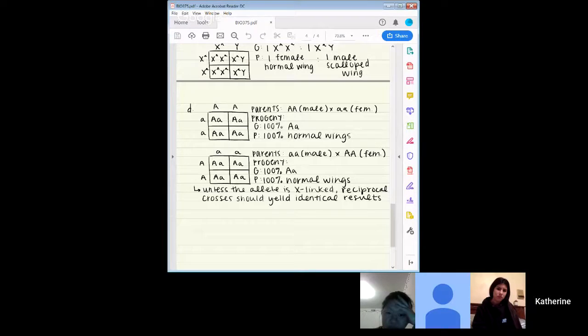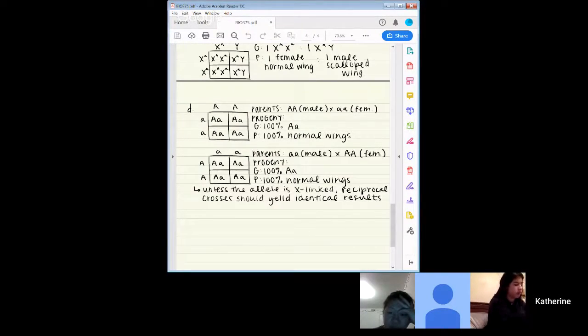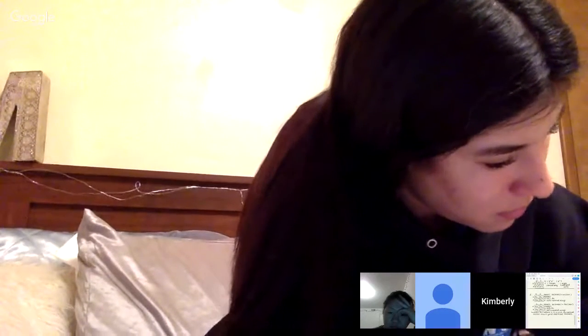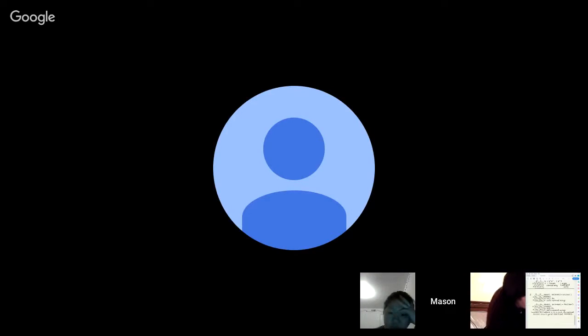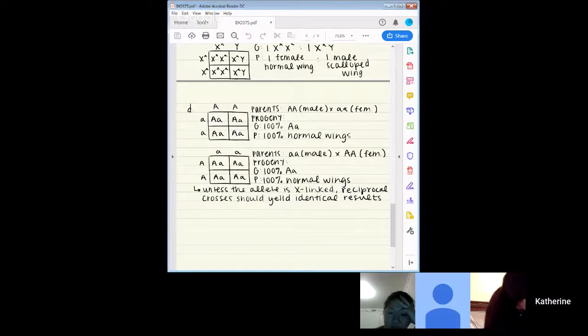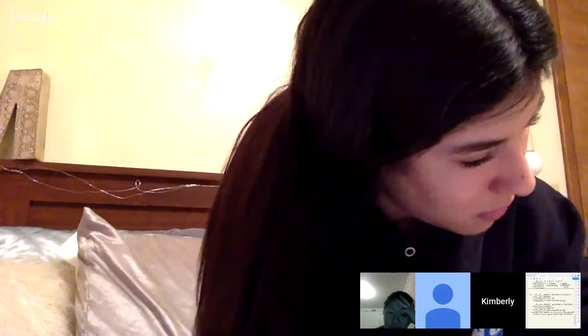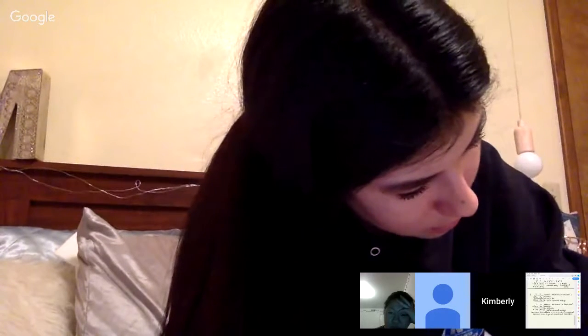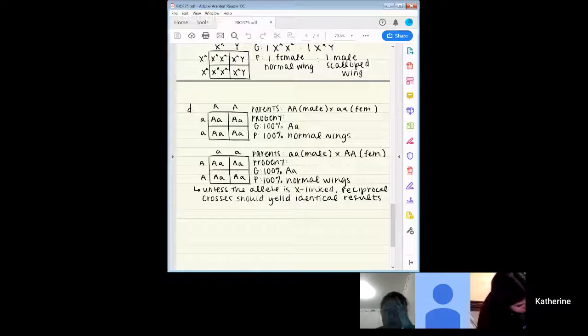Okay, so where is, oh, it's going to be way down here. Okay, reciprocal crosses are useful genetic tools that can determine if the alleles that control a trait are found on one of the autosomes or on the X chromosome.